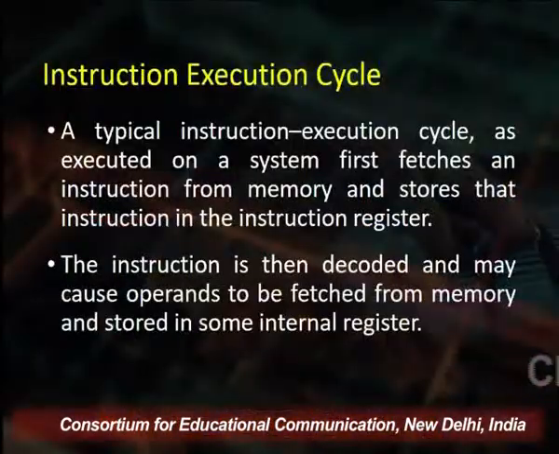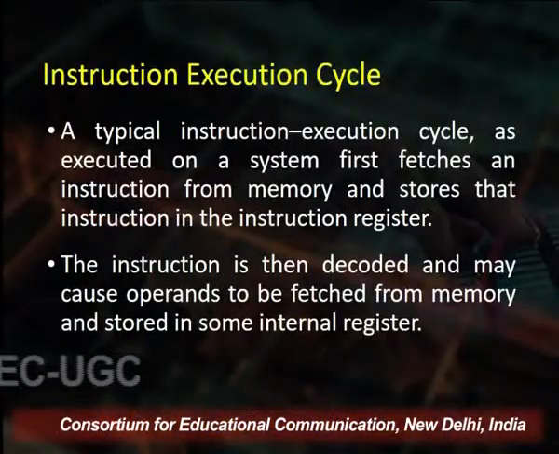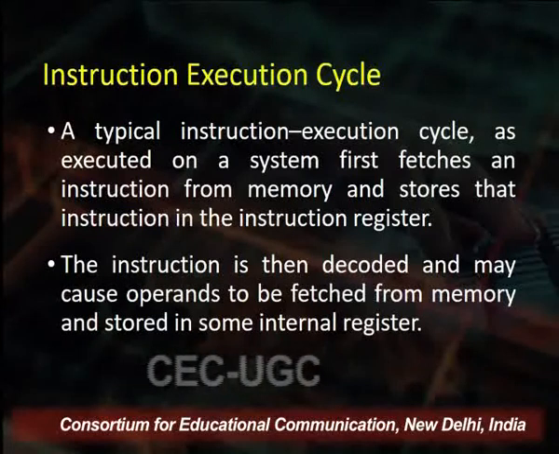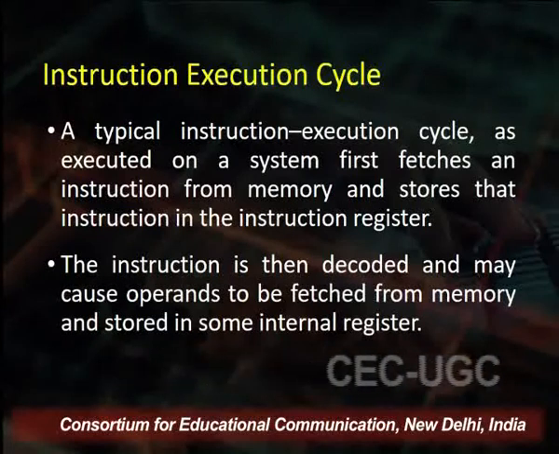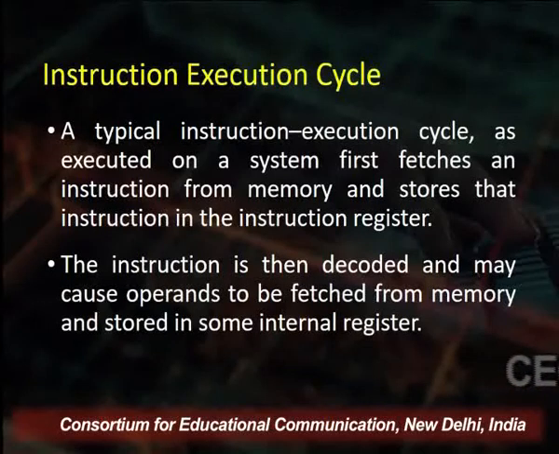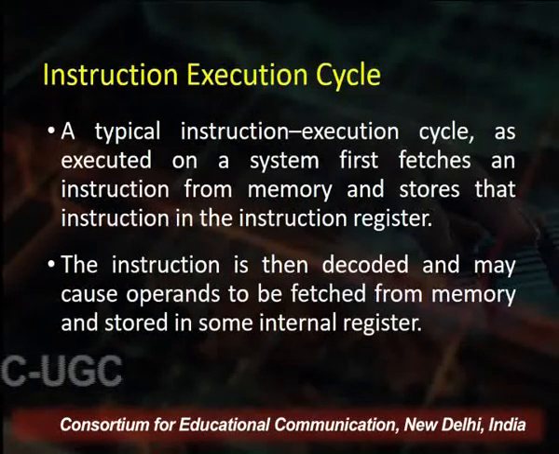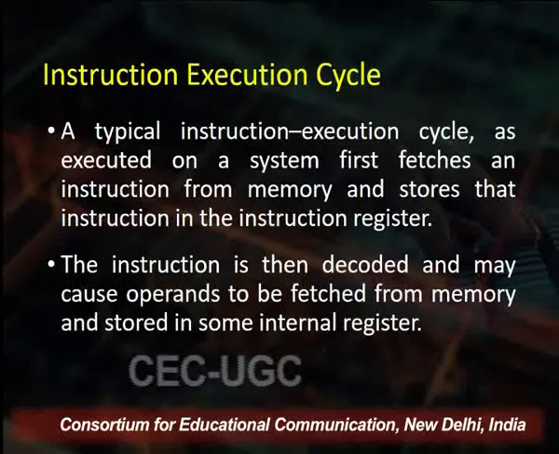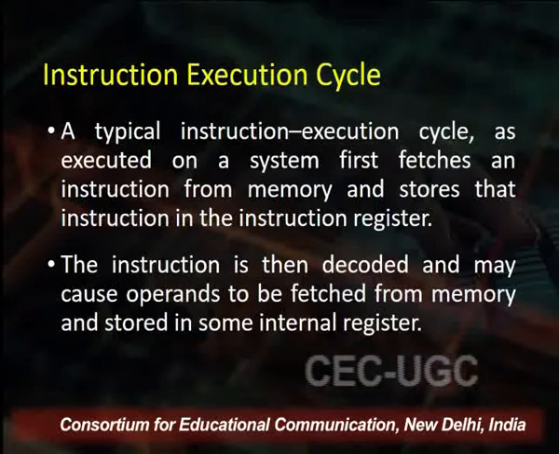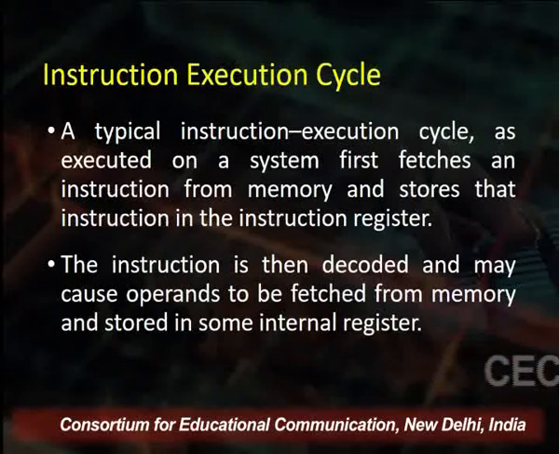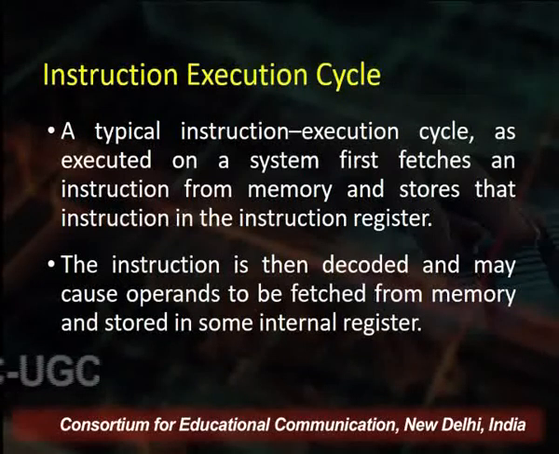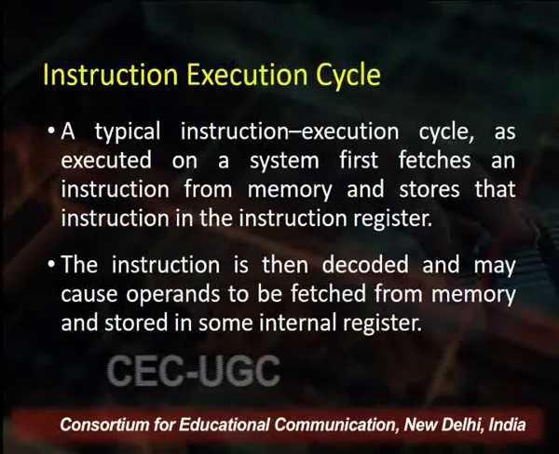Now let us try to understand the cycle in which an instruction is executed inside the computer system. A typical instruction execution cycle goes like this. The system first fetches an instruction from memory corresponding to the command which is given, and stores that instruction in the instruction register. There is a separate area for storing the instruction, known as the instruction register.